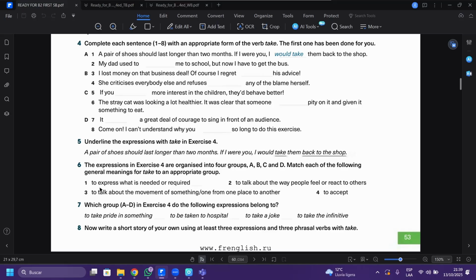The expressions are organized in 4 groups. So which group, A, B, C, or D, is used to express what is needed or required?